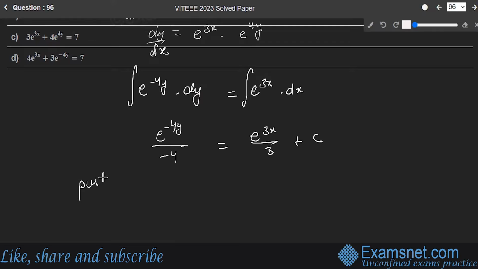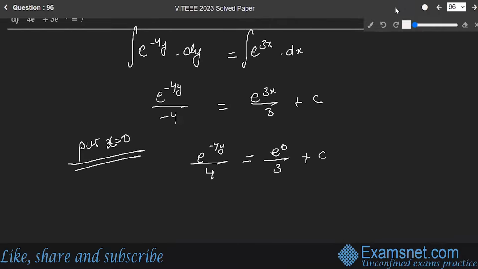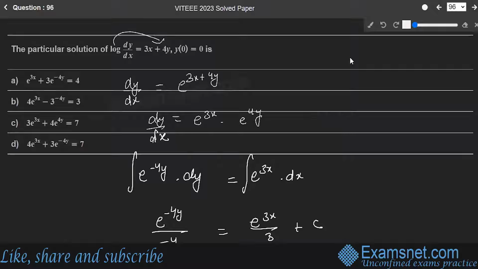If I put x is equal to 0, then you will have this as e raised to power minus 4y upon 4 minus 0, e raised to power 0 upon 3 plus c. Okay, one thing I missed.